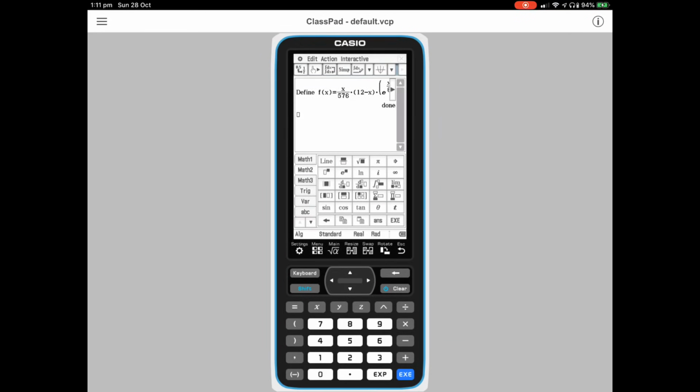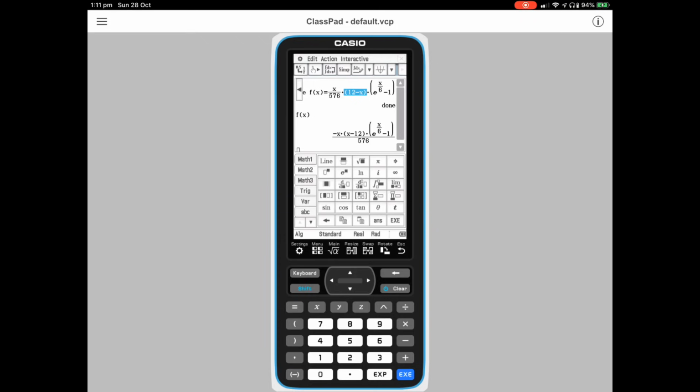Define it as f of x. Check and make sure nothing's wrong with it. Was it negative? How did the negative get there? Oh, 12 minus x became x minus 12.